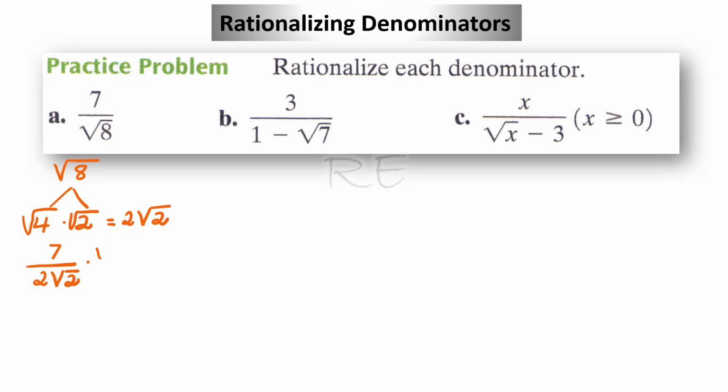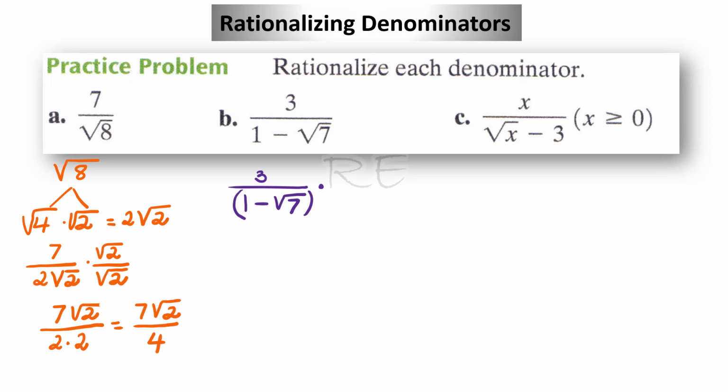The rationalizing part is square root of 2. So we're going to multiply the fraction by square root of 2 over square root of 2. And it'll become 7 square root of 2 over 2 times square root of 2 squared, which is 2. So it's 7 square root of 2 over 4.